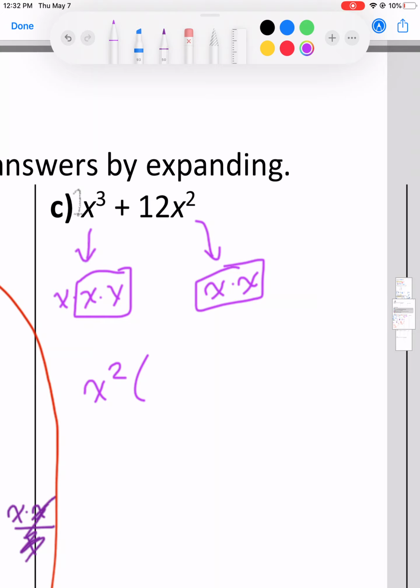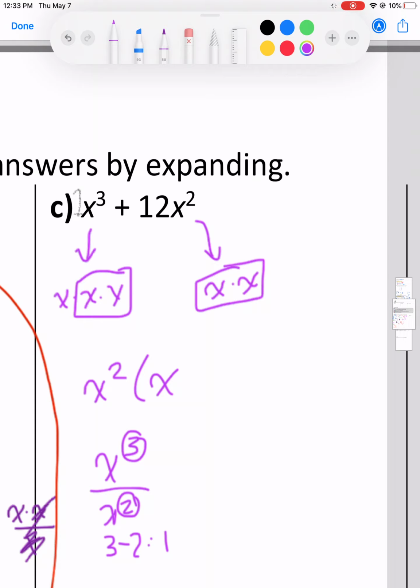So now we need to divide it through. Remember, it's x cubed divided by x squared. Now that you guys have done the power rules, it's just 3 minus 2, so that's going to leave me with x.